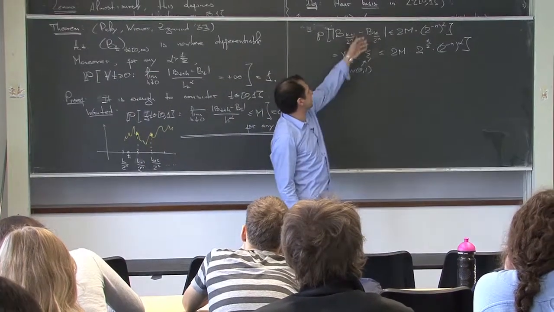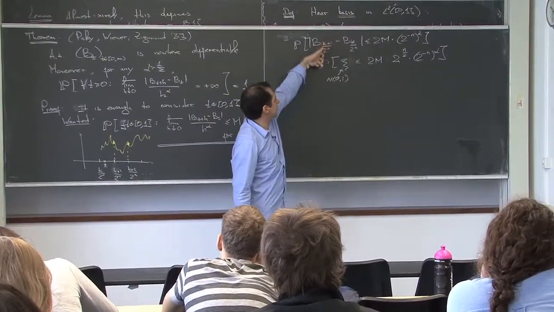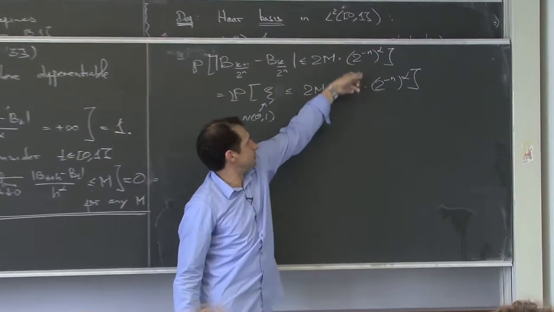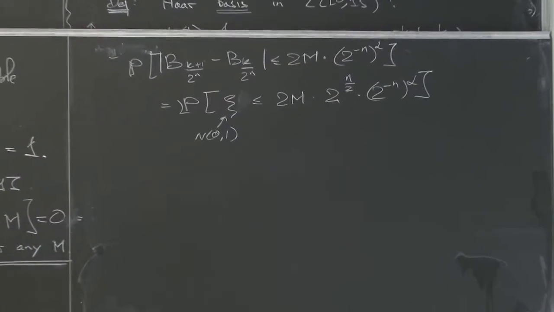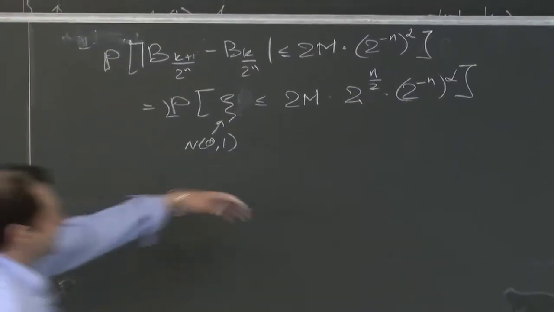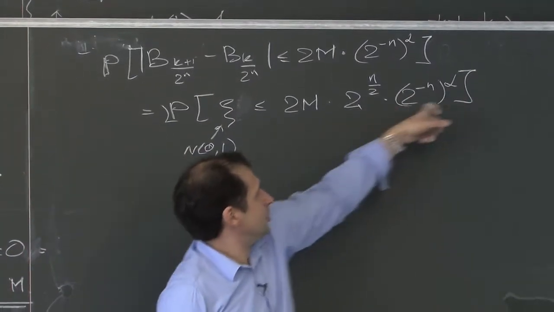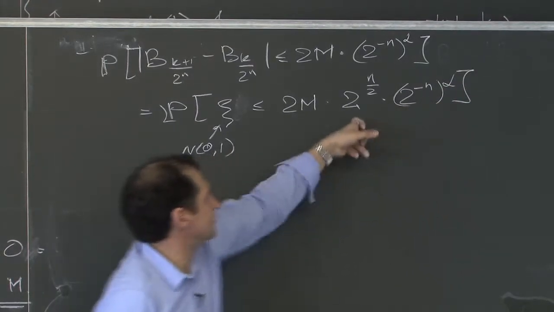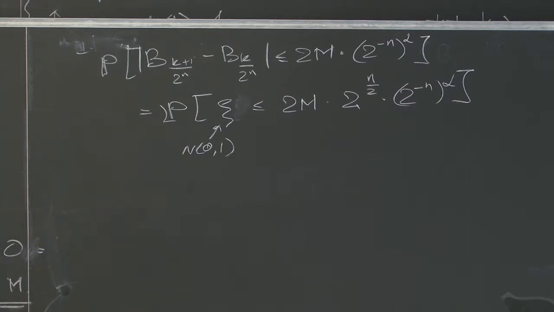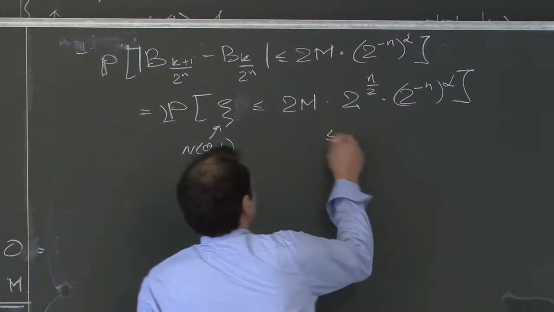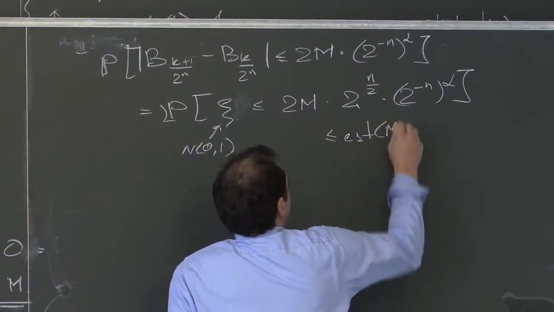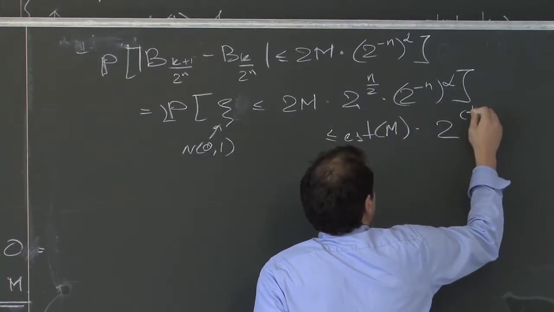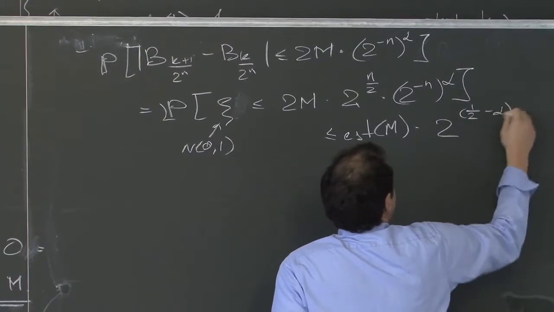This is just the scaling, right? This is the variable with the variance 1 over 2^n, so I should multiply it by 2^{n/2} to get the standard one. What is important is that alpha is greater than 1/2. So this term is bigger, I mean, it kills the exponential here. Anyway, this is less than a constant depending on m, times 2^{-n(alpha - 1/2)}.